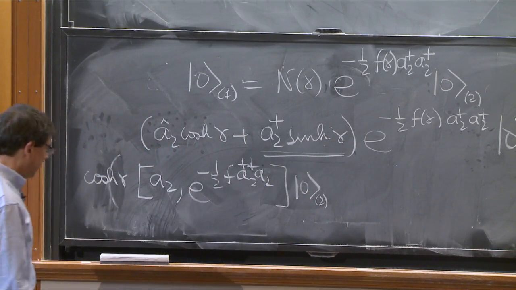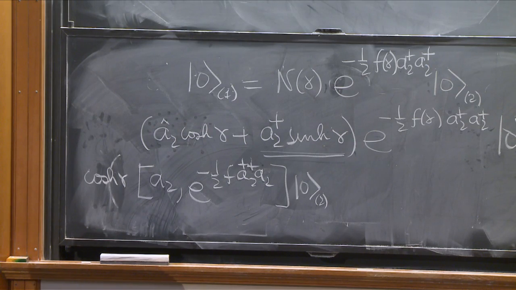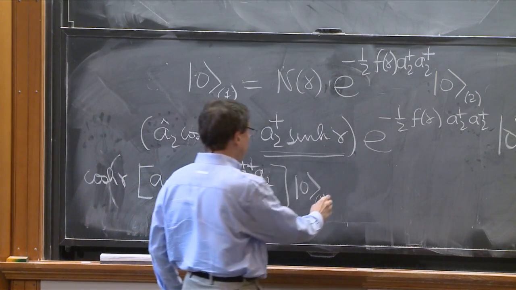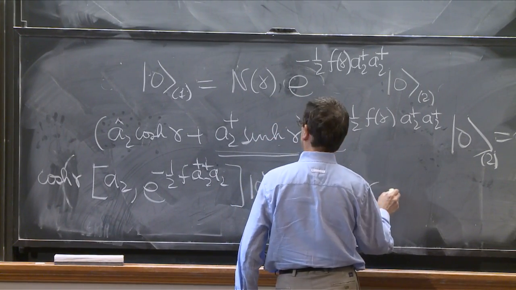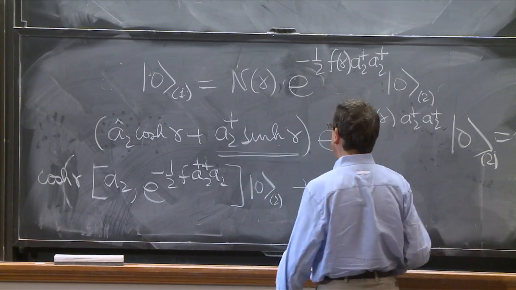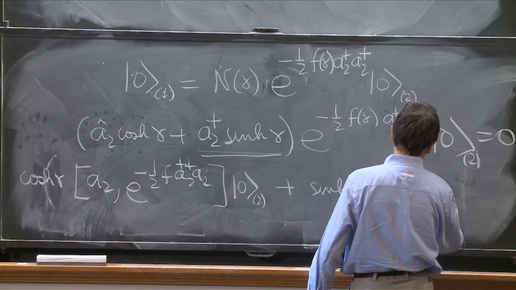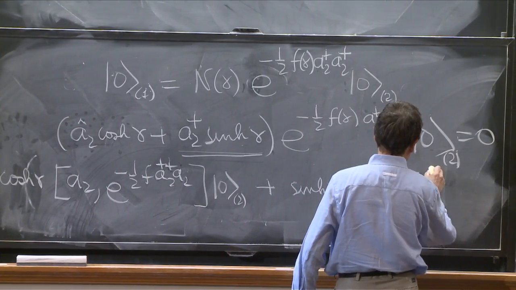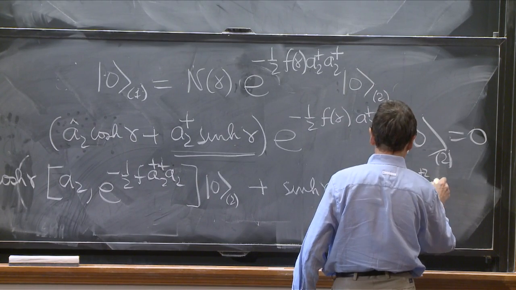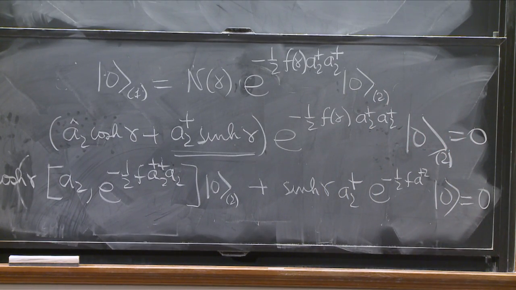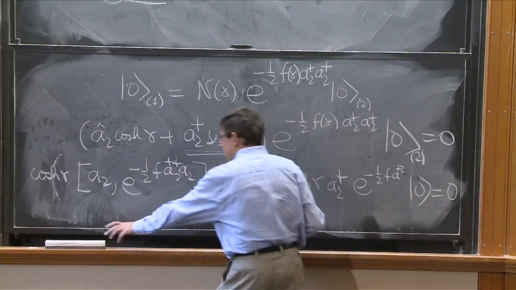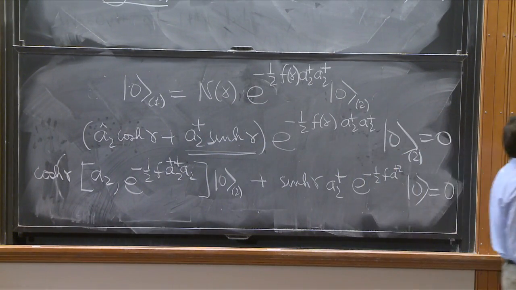That's the first term. And the second term, I have to just copy it. Sinh gamma A2 dagger e to the minus 1/2 F A squared dagger on the vacuum. All that should be 0.